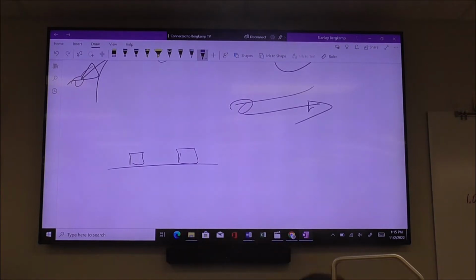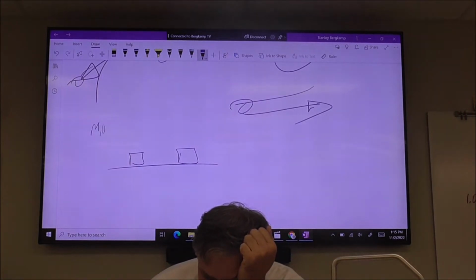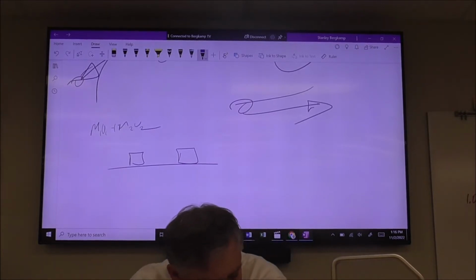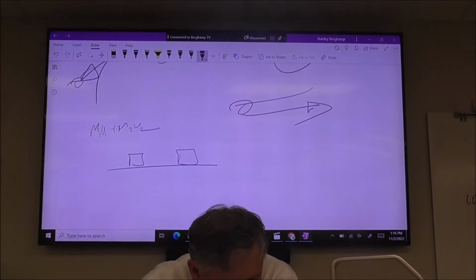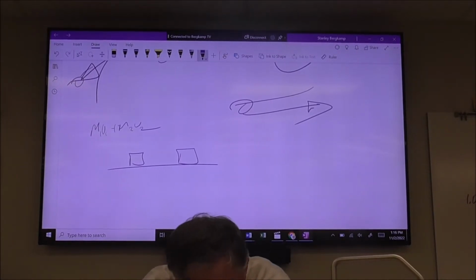So what you can do is calculate that initial momentum, M1 V1 plus M2 V2, right? Now, the 2 blocks then collide and stick together. So this is a perfectly inelastic problem.